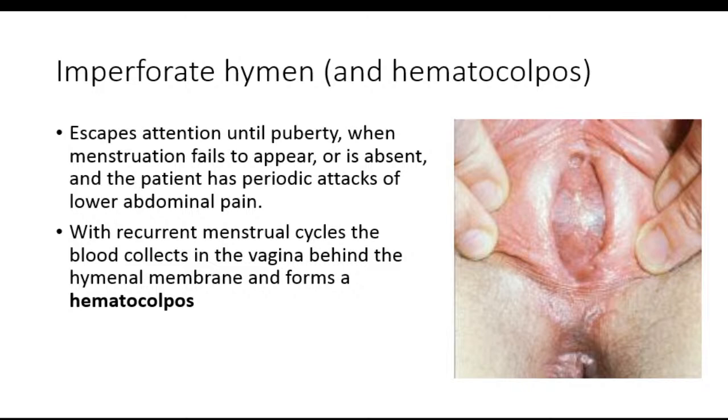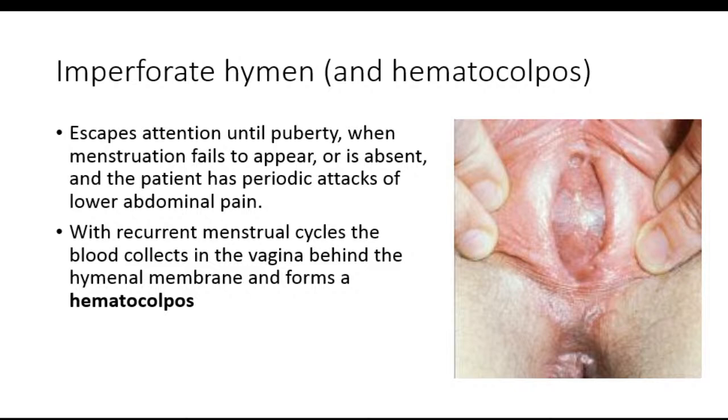And usually we don't pay much attention until the puberty of the female patient, when menstruation fails to appear, so no periods, and the patient may have periodic attacks of pain, or lower abdominal pain, with no outflow of menstruation. With recurrent menstrual cycles, the blood collects in the vagina.